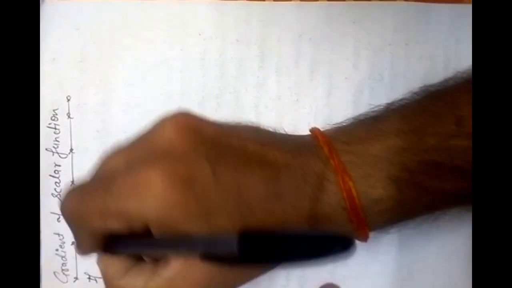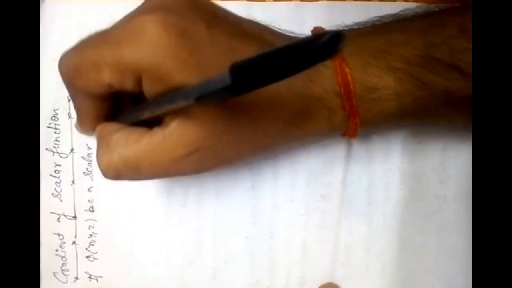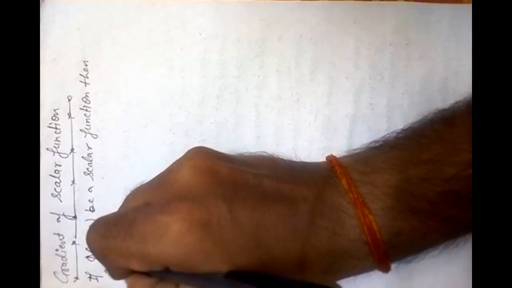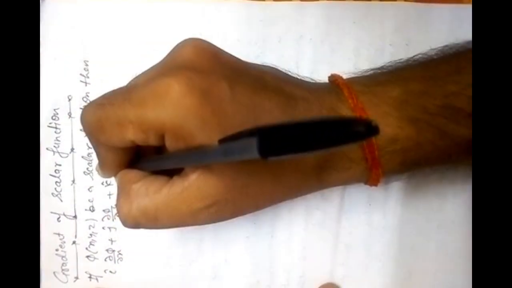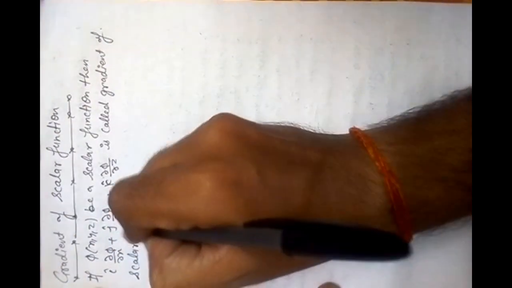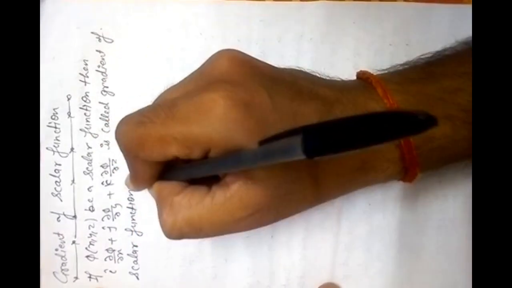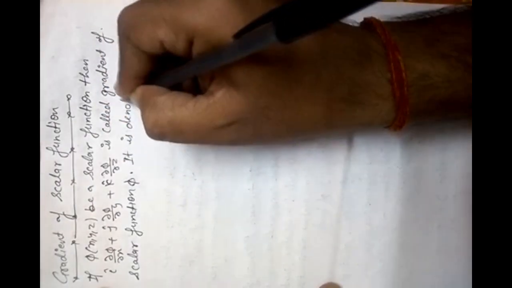Okay, if phi(x, y, z) be a scalar function, then i del phi upon del x plus j del phi upon del y plus k del phi upon del z is called gradient of scalar function phi, and it is denoted by grad phi.